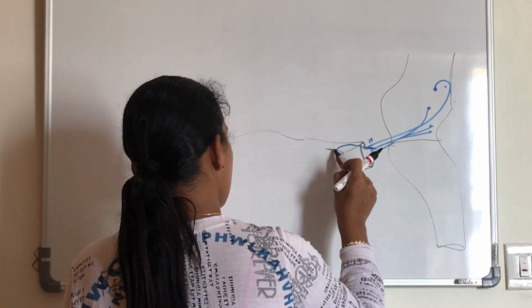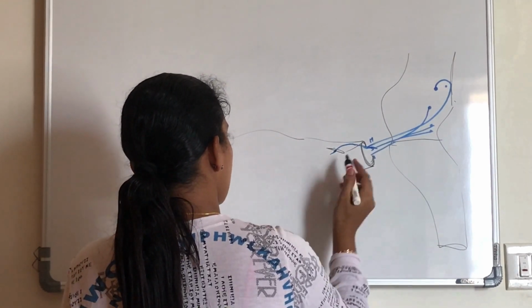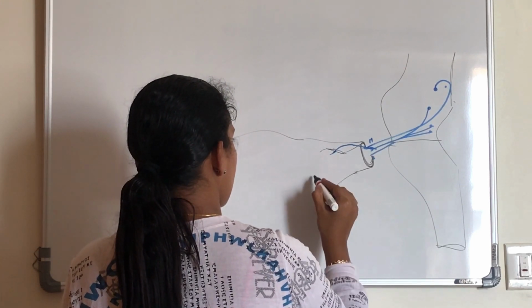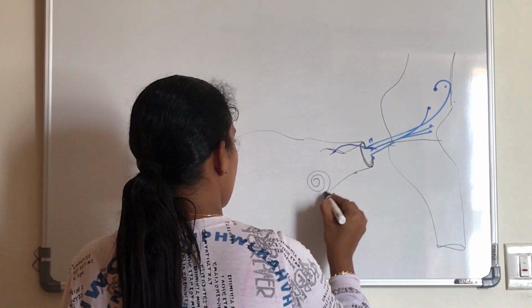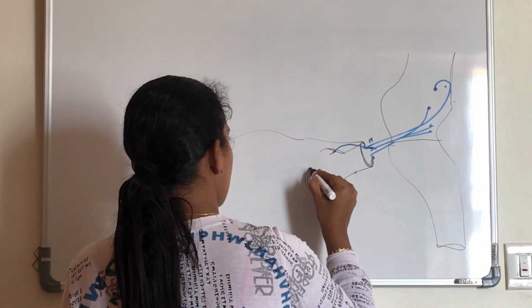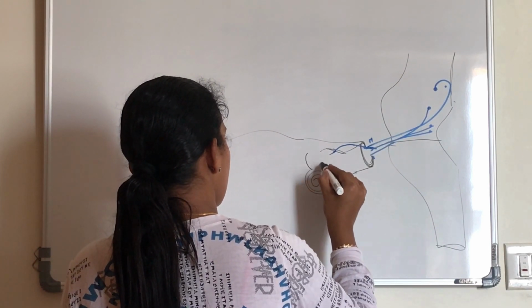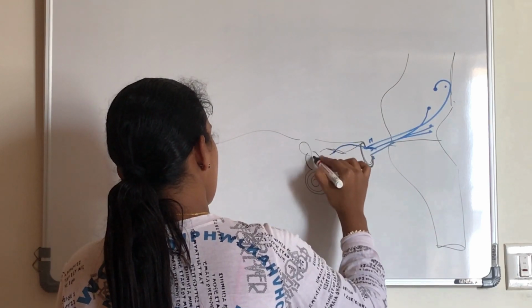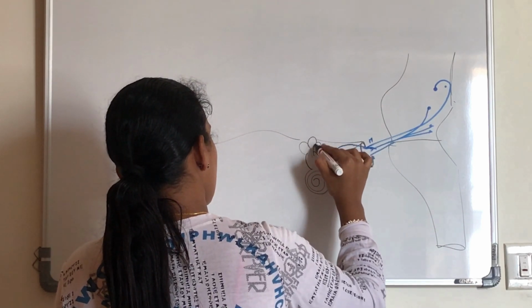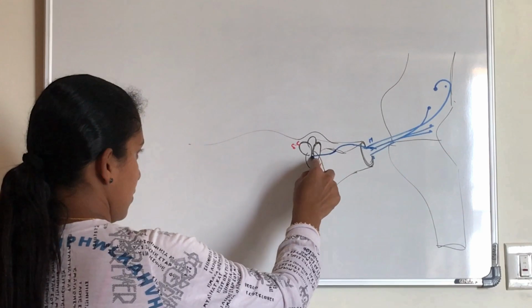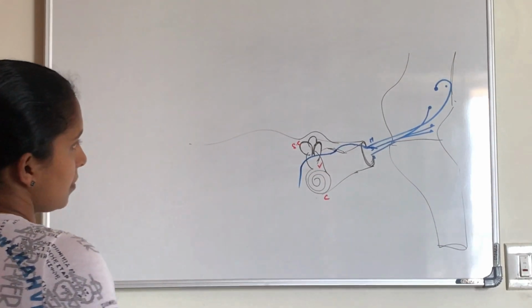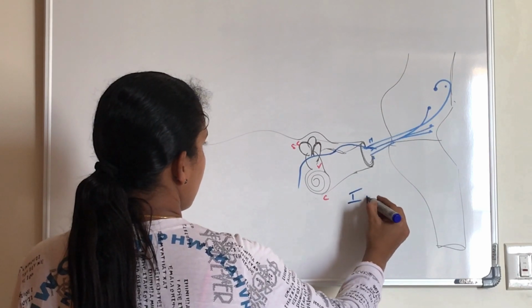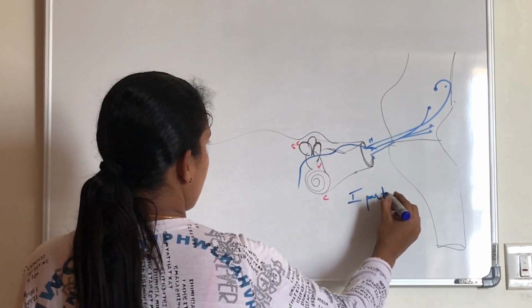Okay, now the facial canal passes into the internal acoustic meatus, reaches the bottom and enters the internal ear. What are the parts of internal ear? Anteriorly you have cochlea, posteriorly semicircular canal, and in the middle vestibule. So the first part of facial nerve just runs laterally and above the vestibule of the internal ear.